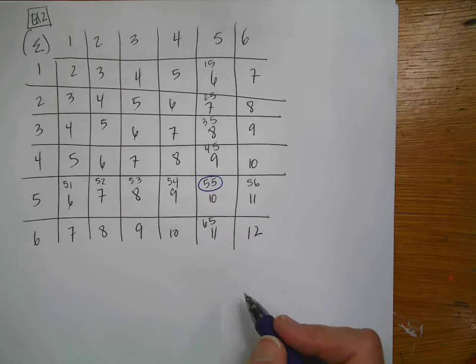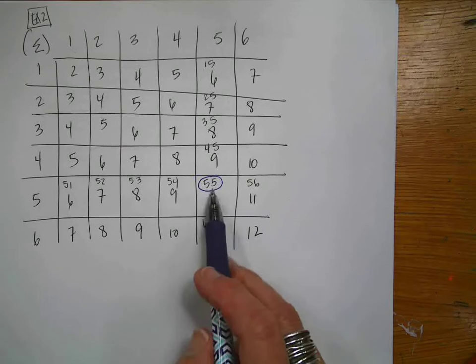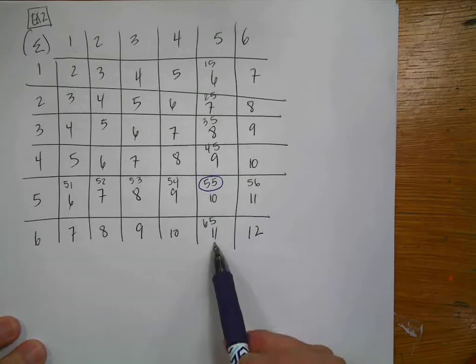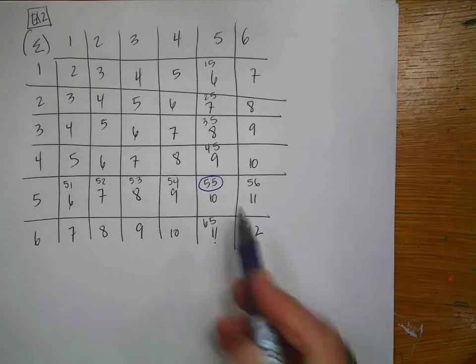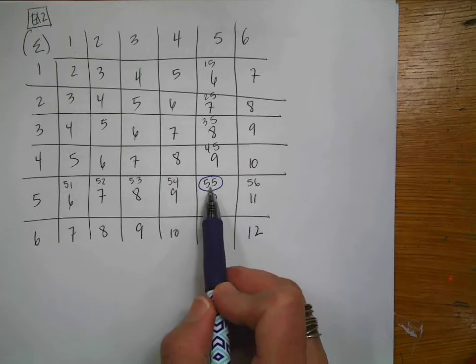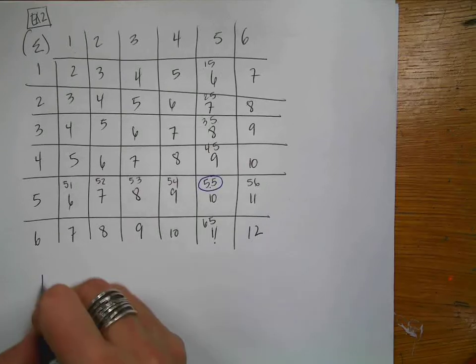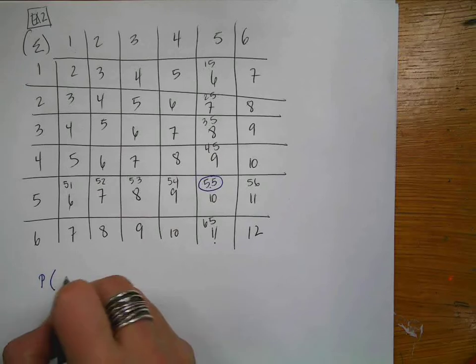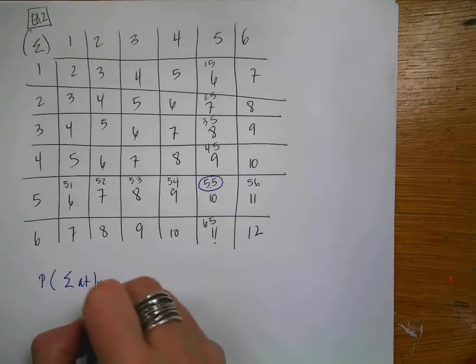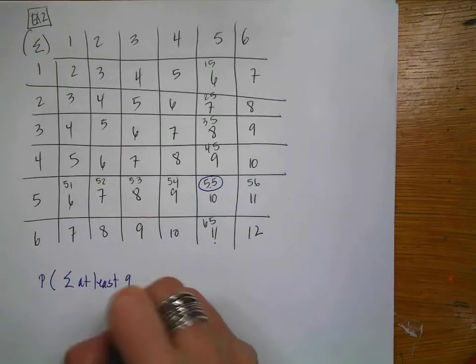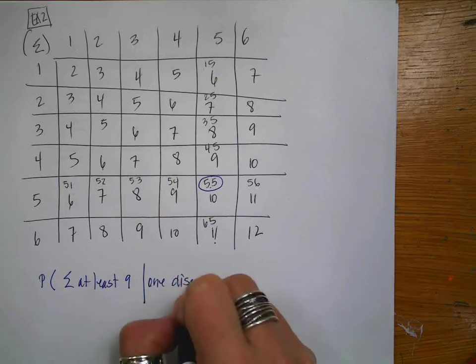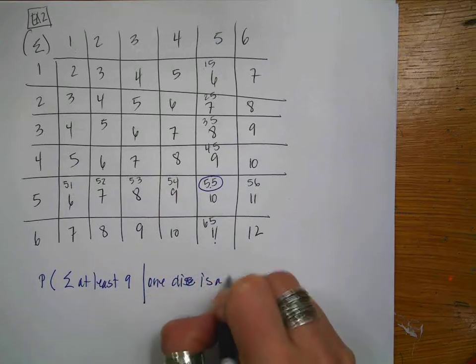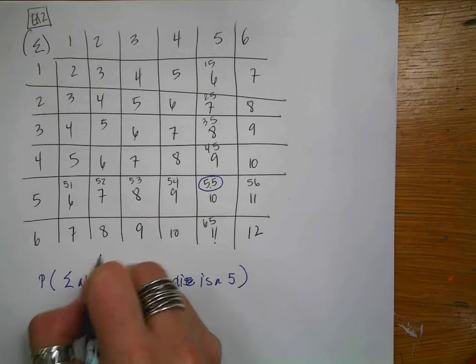So notice that having doubles, having 2 5s, is rolled technically, and we count it in both things, but we want to make sure that we don't count it twice. So we're going to only count this one. Okay? So the probability of getting the sum is at least 9, given that one die is a 5.